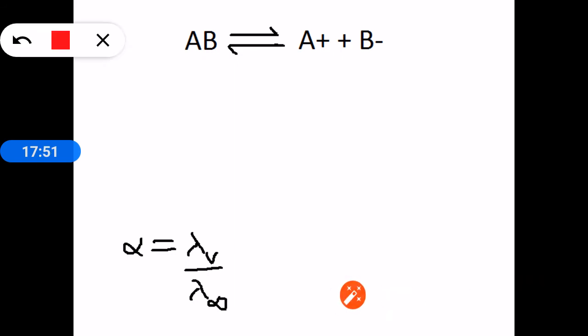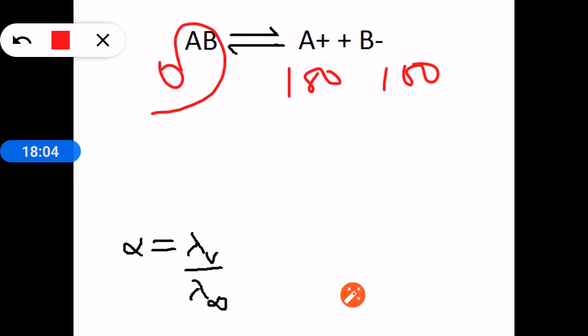That is, at infinite dilution 0 of AB will be there, and 100 A plus will be forming, and 100 B minus will be forming. The number of ions formed here is equal to the total number of molecules present in the initial solution, that is AB, 100 molecules.